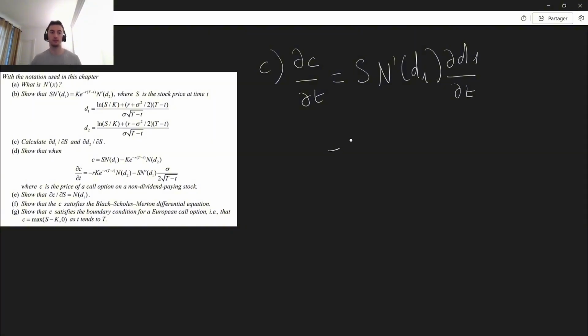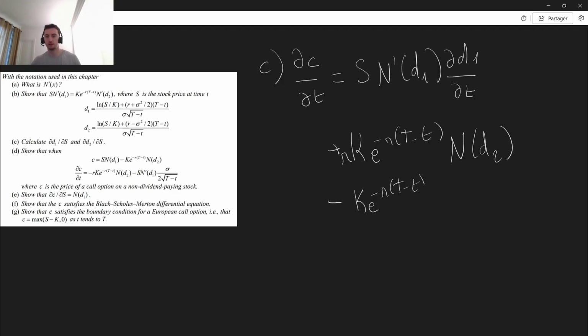And here minus, and here there are two terms. The first term will be k exponential of minus r of T minus t, and we derive the t from here, so then we'll get a plus r, because the r is coming out, times n of d2, minus, and this one, k discounted, exactly as above, n prime of d2, times the derivative of d2 with respect to t.